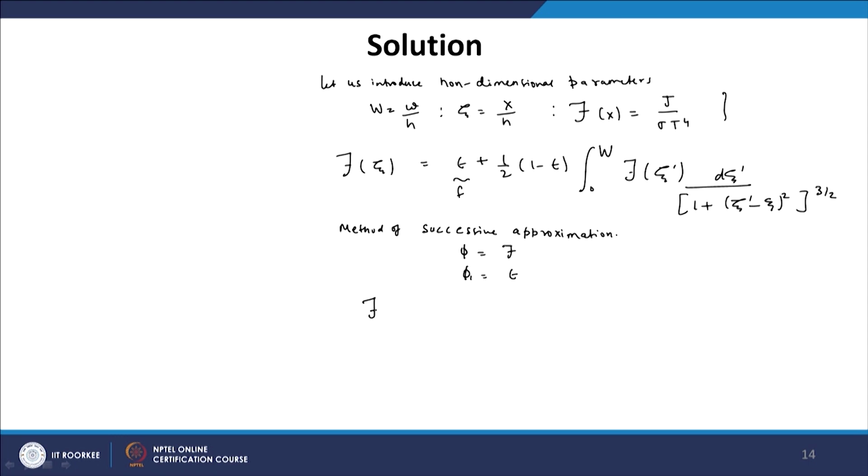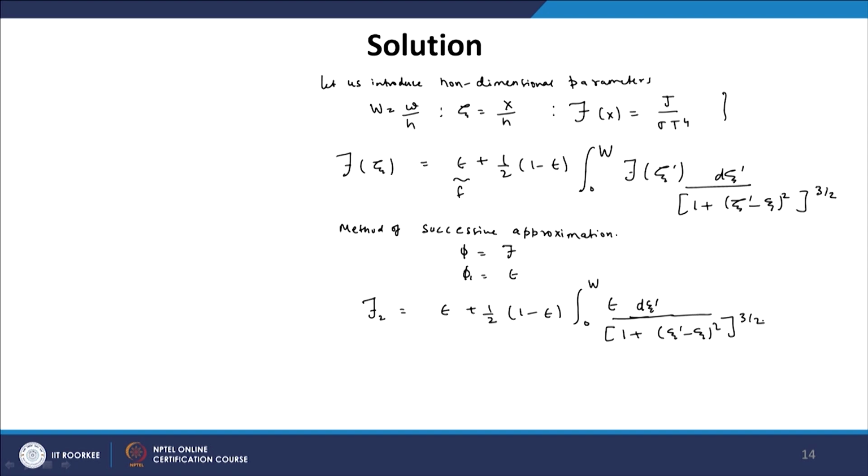So, the second guess for this function will be equal to epsilon plus 1 minus epsilon, okay, and then integrate it over 0 to capital W. So, we substitute it here, it is constant, so epsilon d zeta prime, and then in the denominator 1 plus zeta prime minus zeta square power 3 by 2.